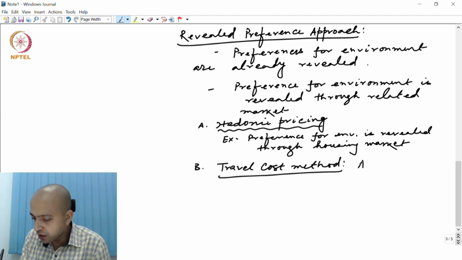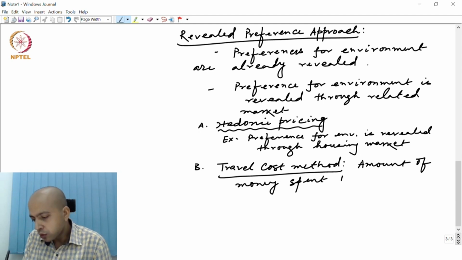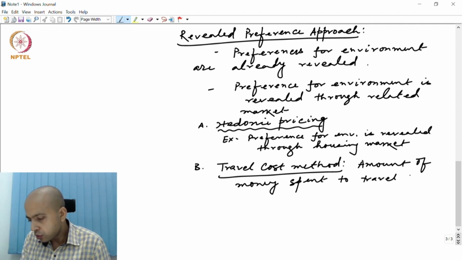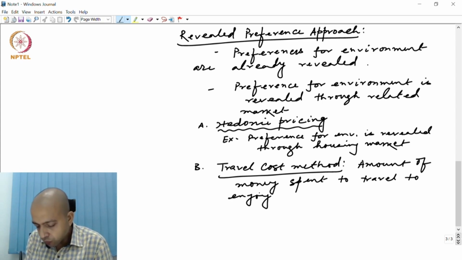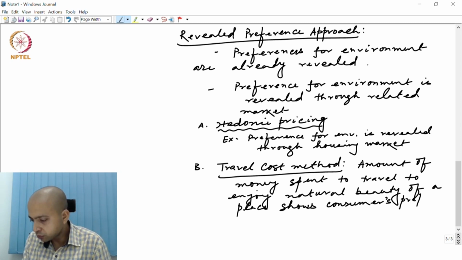So that means here, the amount of money spent to travel to enjoy the natural beauty of a place shows the consumer's preference for environment.